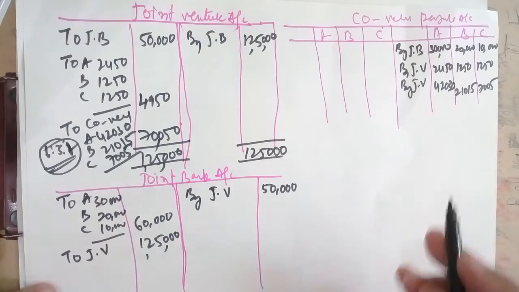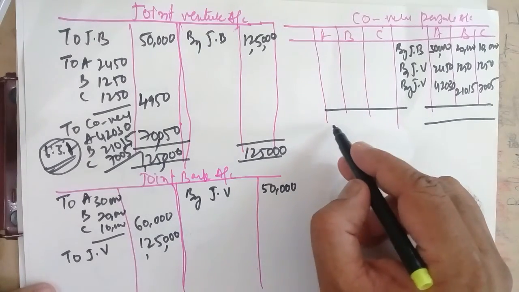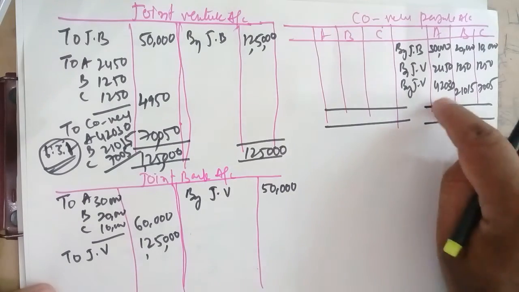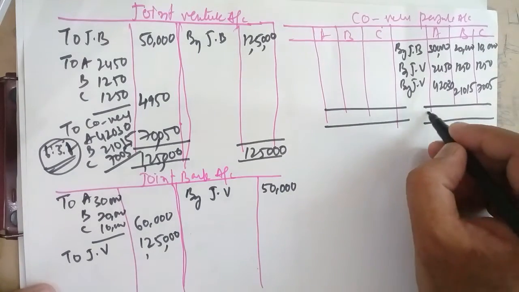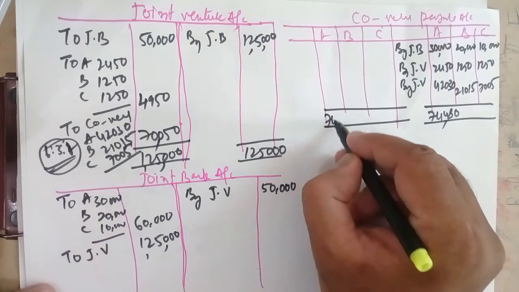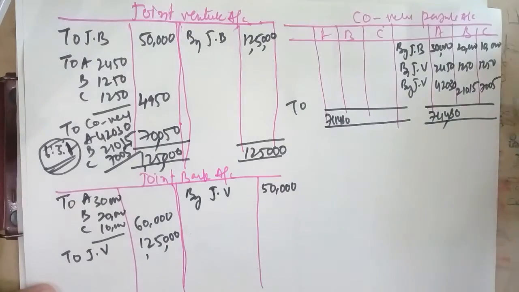Once this is done, the next step is closing of the co-venturers account, as you are already aware. Make the summation of the first fellow: 30,000 plus 2,450 plus 42,030, so the summation is 74,480.